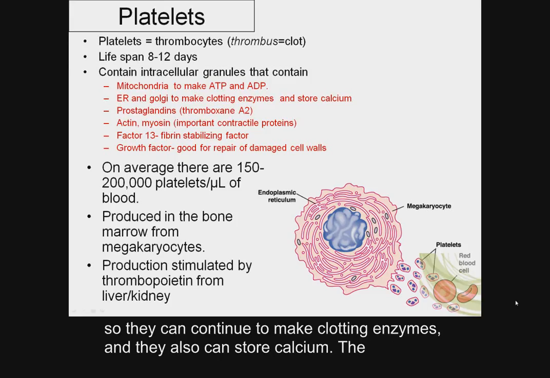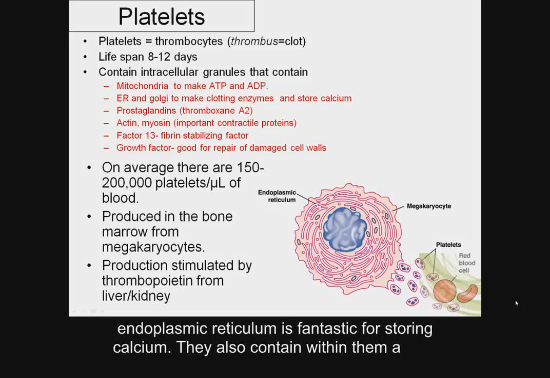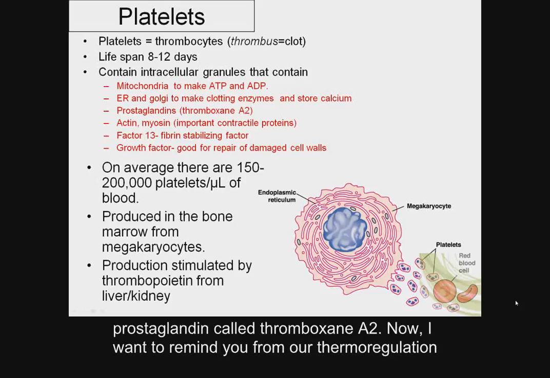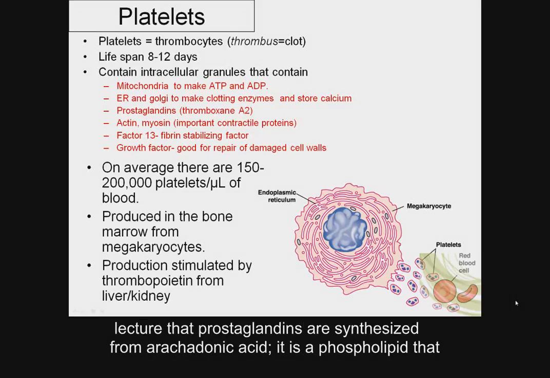The endoplasmic reticulum is fantastic for storing calcium. They also contain with them a prostaglandin called thromboxane E2. Now, I want to remind you from our thermoregulation lecture that prostaglandins are synthesized from arachidonic acid. It is a phospholipid that is found in your cell membranes.